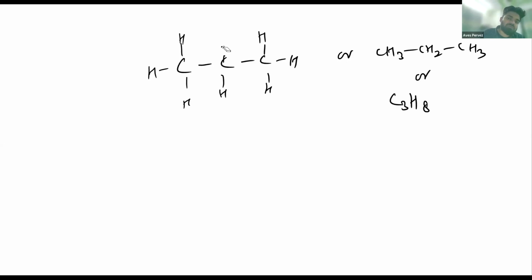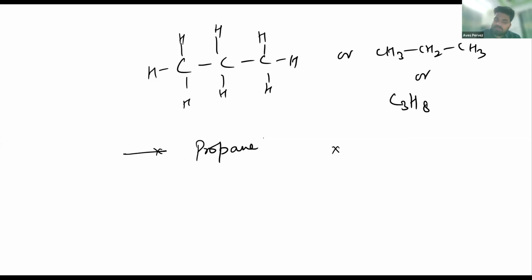Propane. It doesn't have a prefix. It doesn't have a suffix because there is no functional group like alcohol, aldehyde, ketone, or carboxylic acid. So it has only the root and the saturation indicator. The root for three carbons is prop, and there is a single bond between carbon atoms everywhere, so we use the saturation indicator ane. So its name is propane.